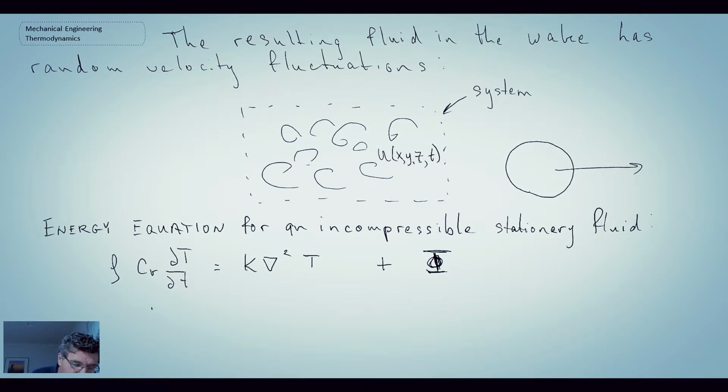The first term here is the change in internal energy of the fluid. So it's basically the specific heat times the density times the change in temperature with time. One thing to note though, there are no velocity terms.